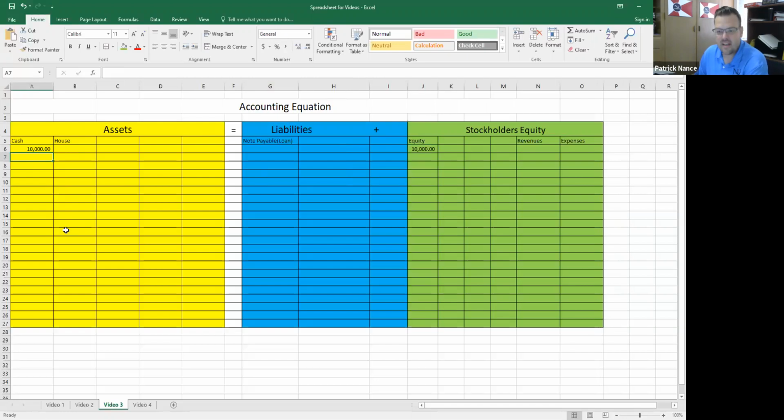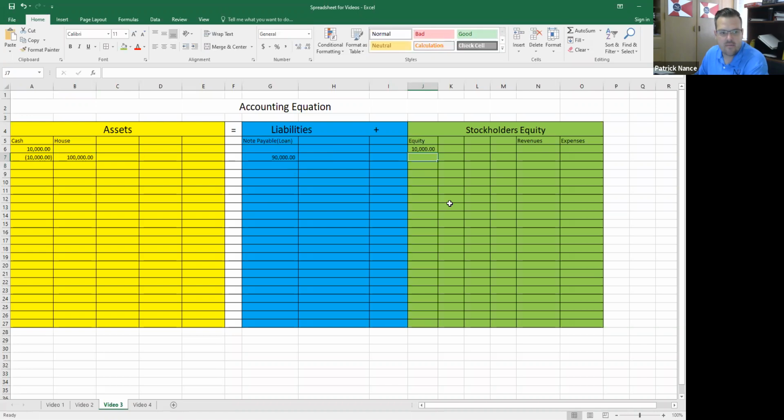So if I purchase that house for $100,000, I take out a $90,000 loan, and I give the other $10,000 to the individual who's selling the house. My cash goes down by $10,000 because I just spent that money. My house goes up by $100,000 because that's the value of what I'm receiving. My notes payable goes up by $90,000 because now I have a $90,000 loan.